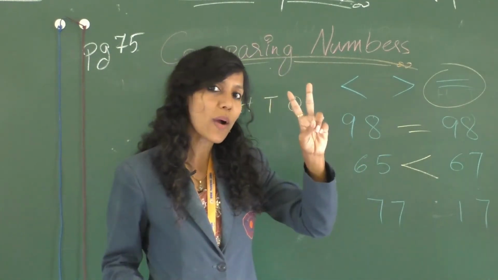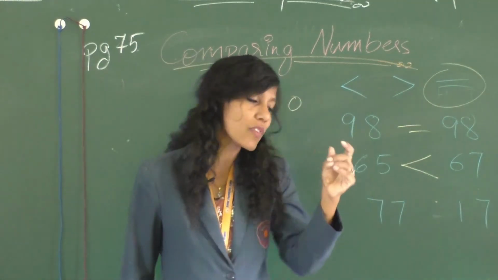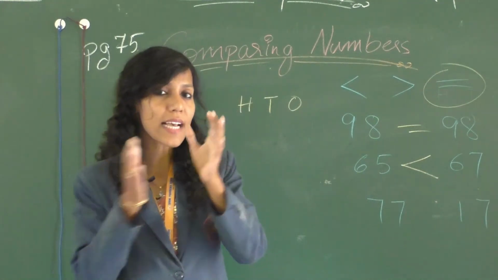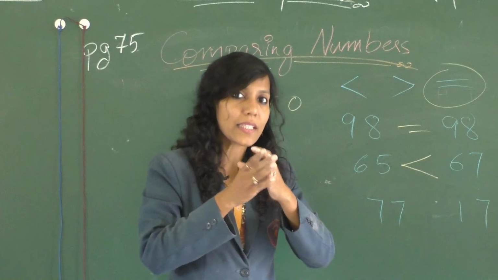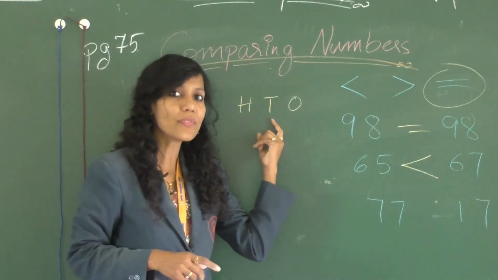Next 2 ones will be only 2. But 10 such ones, when joined together, make one bundle of 10.